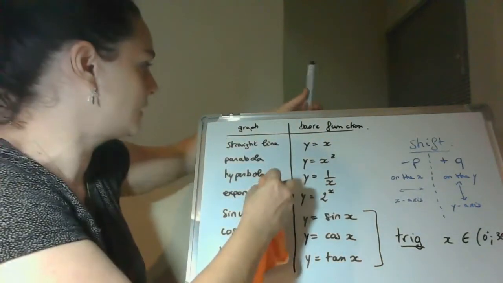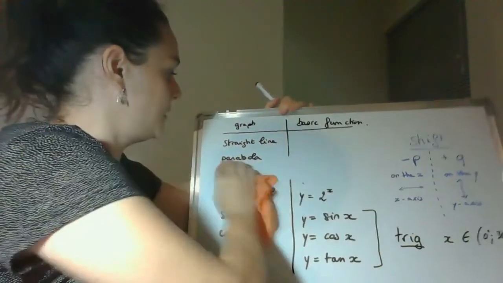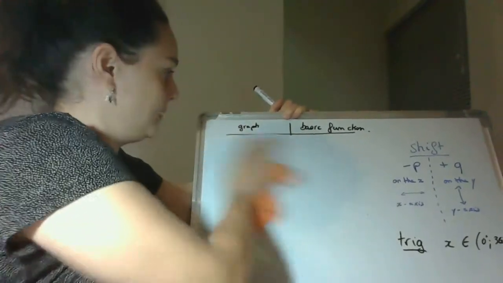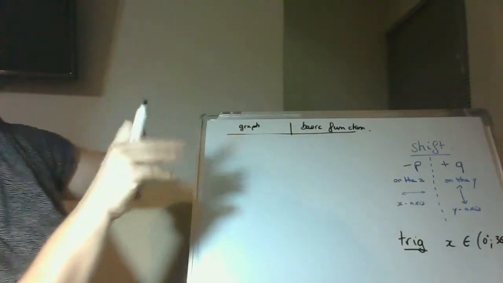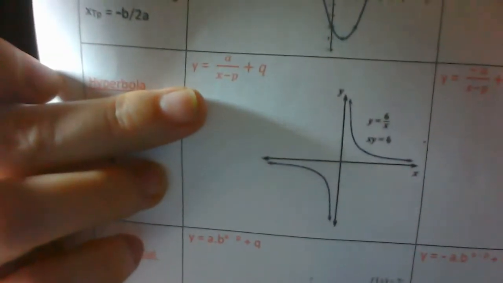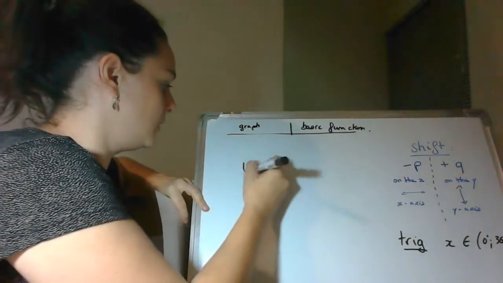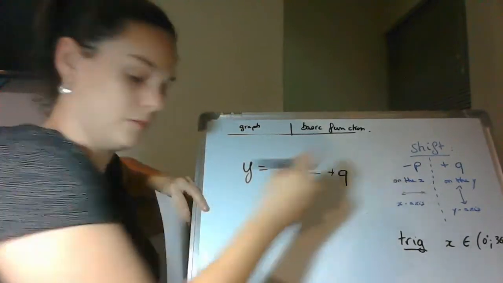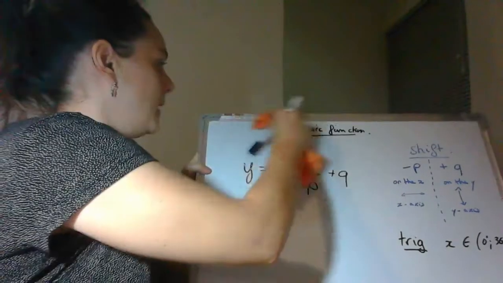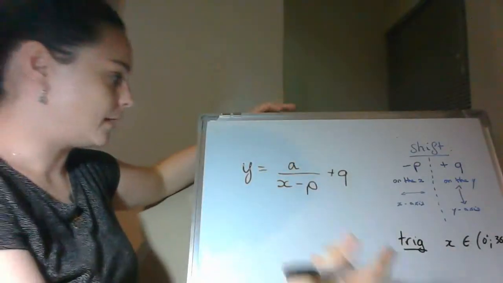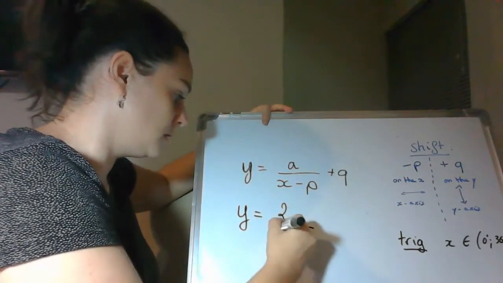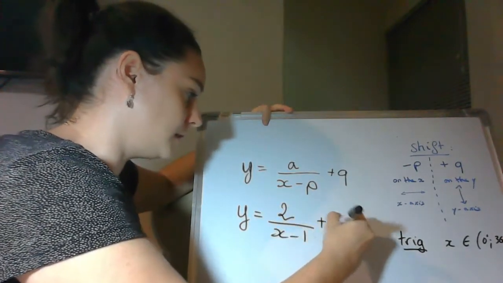So let's just take, for instance, one example of these graphs, just so that you understand exactly what I mean. We said the hyperbola, for instance, the equation of a hyperbola is y equals a over x minus p, plus q. All right. So an equation of a hyperbola can be y equals 2 over x minus 1, plus 3.